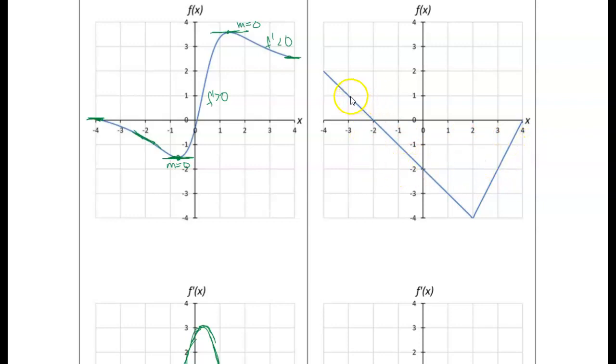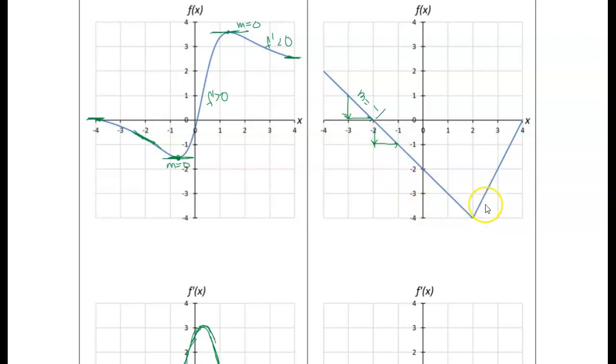So it kind of looks like, to go from one point to another, I'm going down 1 and then over 1, right? So it looks like the slope is -1 over here, because I'm down 1 and over 1, down 1 and over 1. So it's a negative slope, right? And it looks like it's about -1.